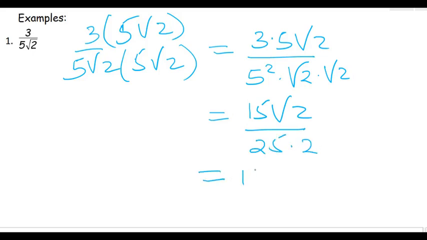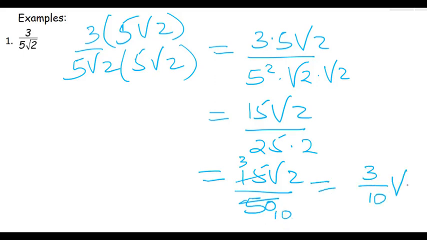This is equal to 15 root of 2 divided by 50, and we can divide by 5 here, we get 3, by 5 here we get 10, hence it simplifies to 3 root 2 over 10.